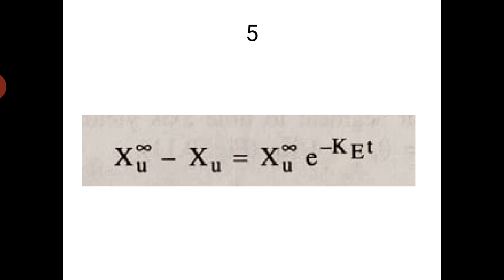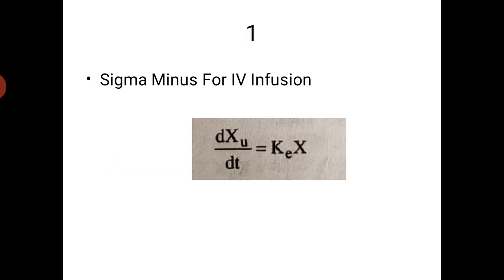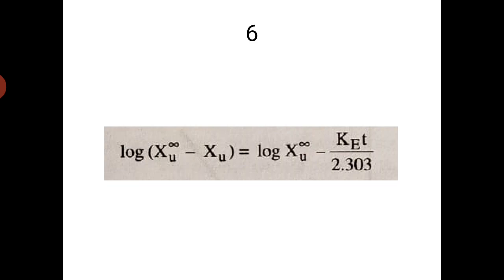Now you take the logarithm. Log of Xu infinity minus Xu is equal to log Xu infinity minus ket divided by 2.303. So this is the general equation for the sigma minus method for an IV bolus. This log of Xu infinity minus Xu can also be written as log ARE, amount remaining to be excreted.